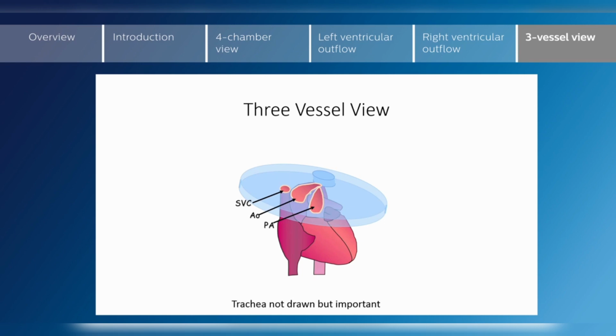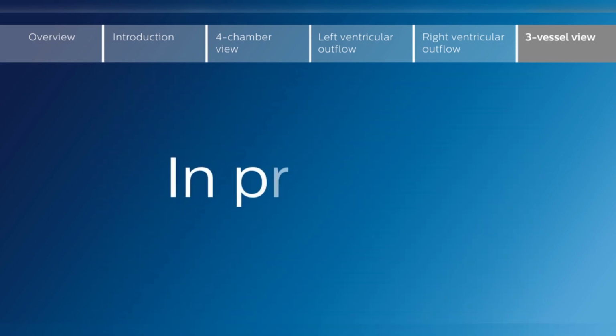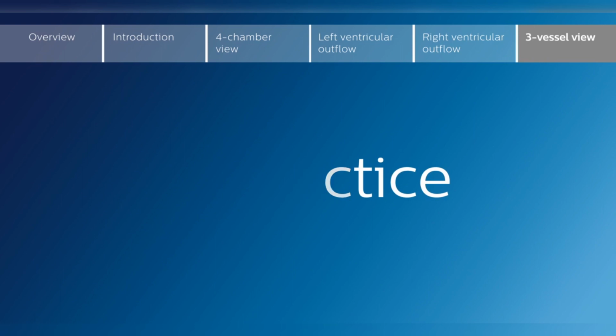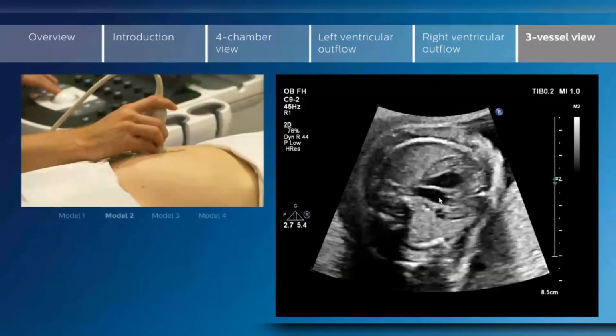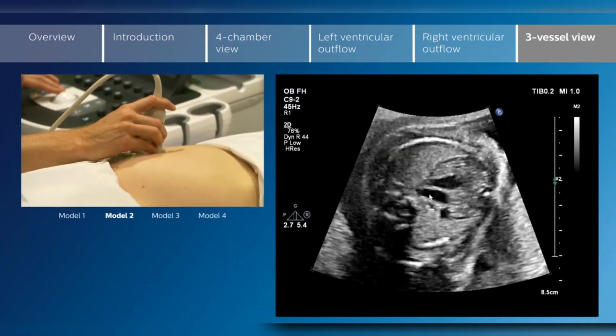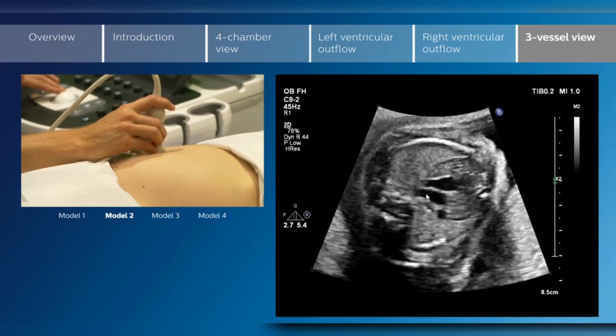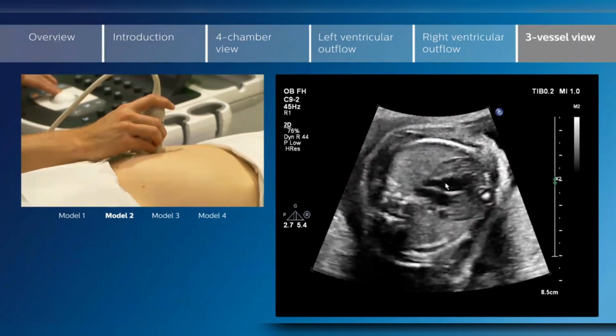I haven't in this diagram shown the trachea, but it's another important reference point which is seen posterior to the superior vena cava and should be seen to the right of the V indicated by these vessels. The trachea should not appear between these vessels, it should be outside of this V. As we come further cranially, we see the transverse aortic arch and the arterial duct.